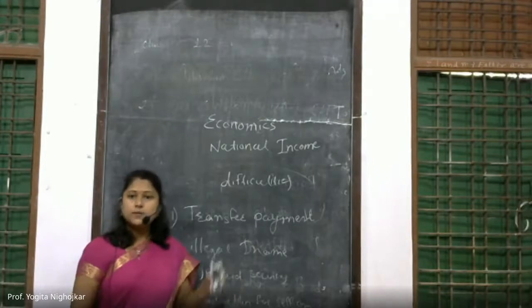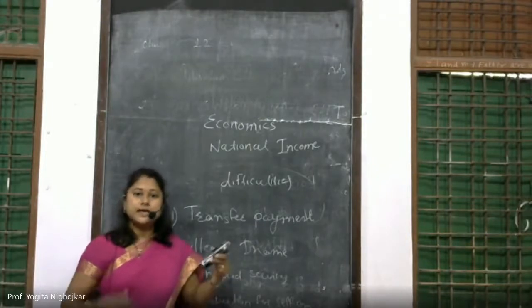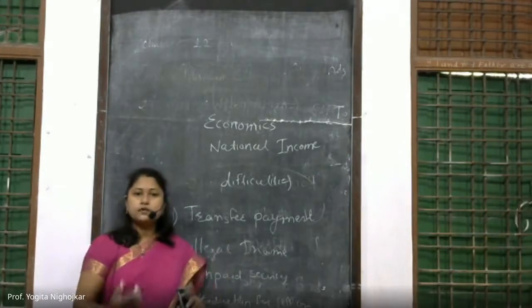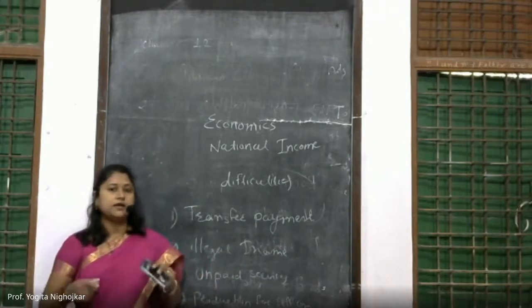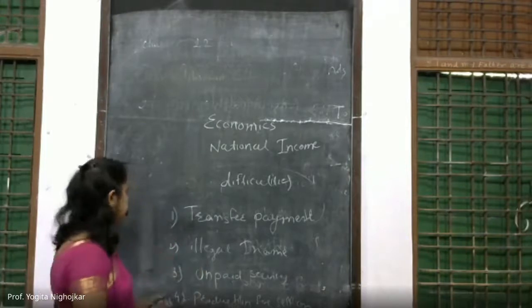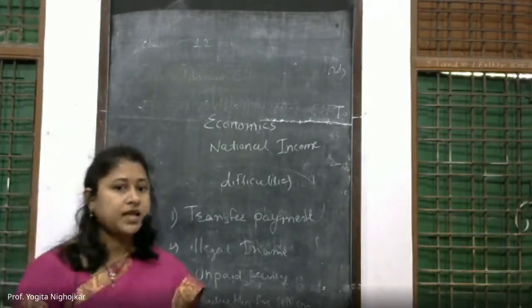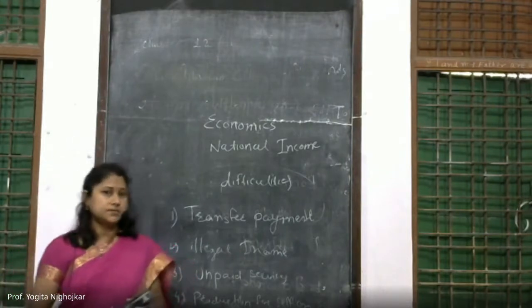But the value of such goods should be estimated at the rate of market price of goods that have been marketed, and should be included in national income. So these are difficulties.